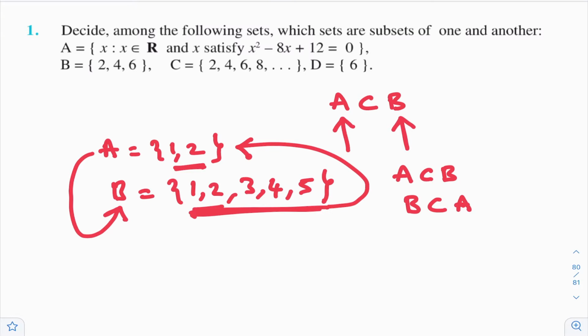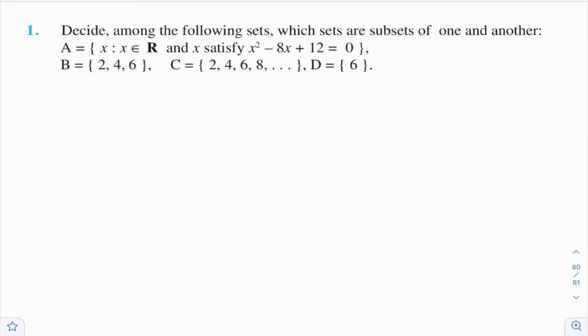But actually, in this set B, 3 is there, and 3 is not in set A. So, in this example, B is not a subset of A. A is a subset of B, but B is not a subset of A. Okay. If you observe here, the first set is given in set builder form.